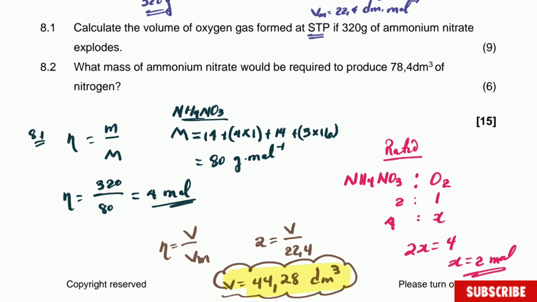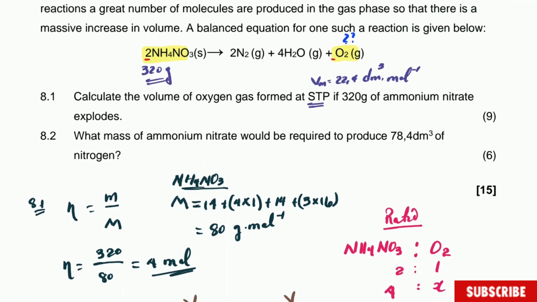Question 8.2: what mass of ammonium nitrate would be required to produce 78.4 cubic decimeters of nitrogen? It's the same story. How much ammonium nitrate would you need if you want to produce this amount of nitrogen? The first thing we're going to do is calculate the number of moles of nitrogen.